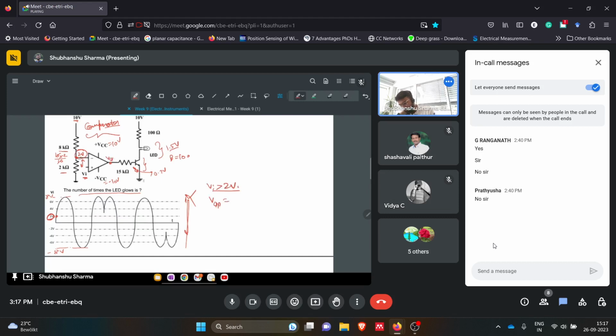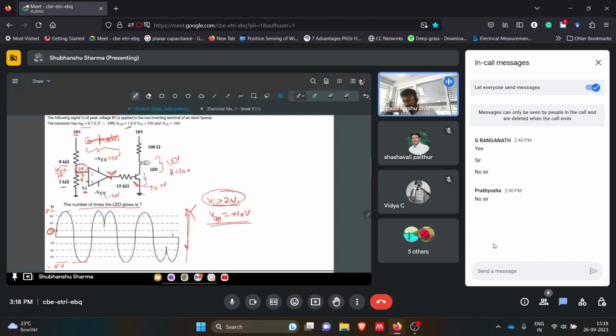I will say V output is this one. It will be positive 10 volts. Why? Because the non-inverting side of this comparator is higher than the inverting side for Vi greater than 2 volts. So we came till this point.